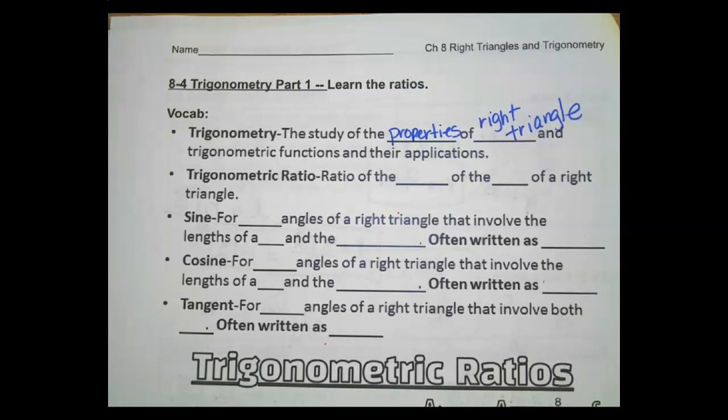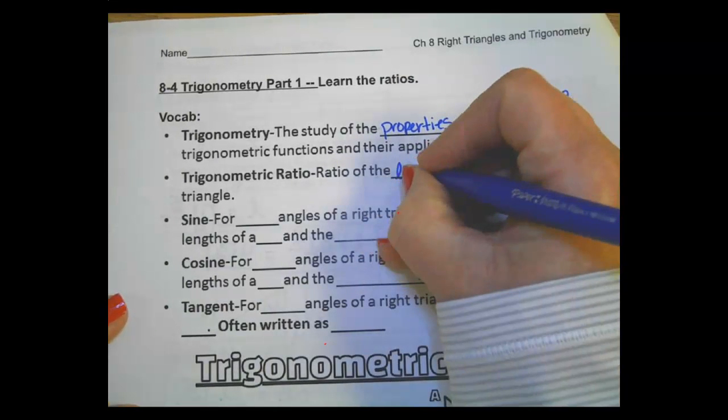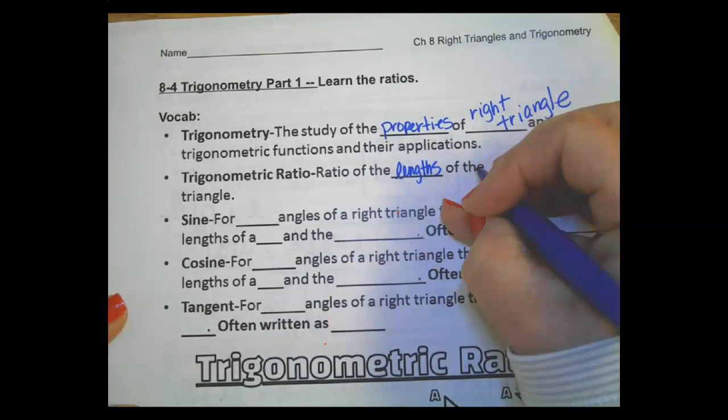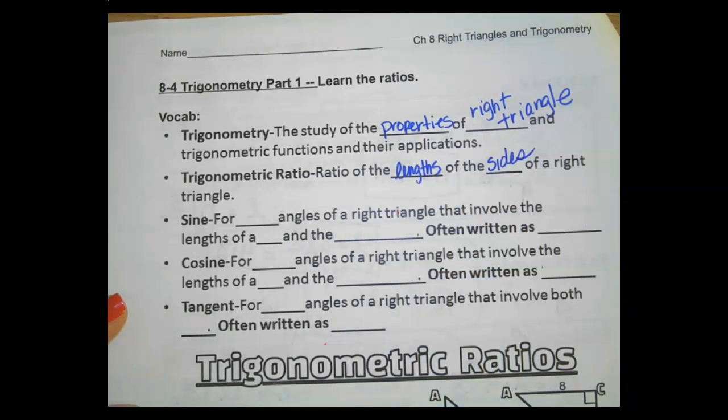A trigonometric ratio is the ratio of the lengths of the sides of a right triangle.